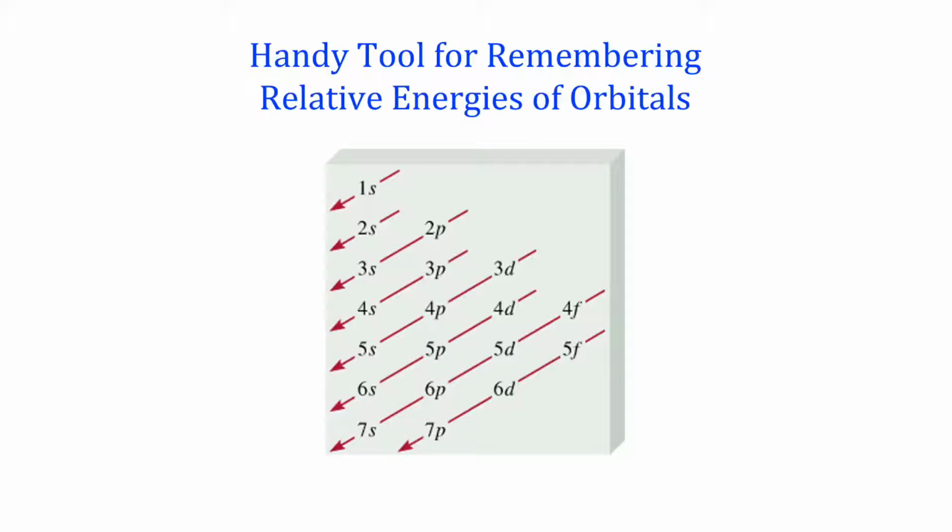Every n value stays on one horizontal line. When you draw the diagonal arrows through, as you see, and you follow those arrows through from tip to tail, that gives you the ordering that you're going to be filling your electrons.